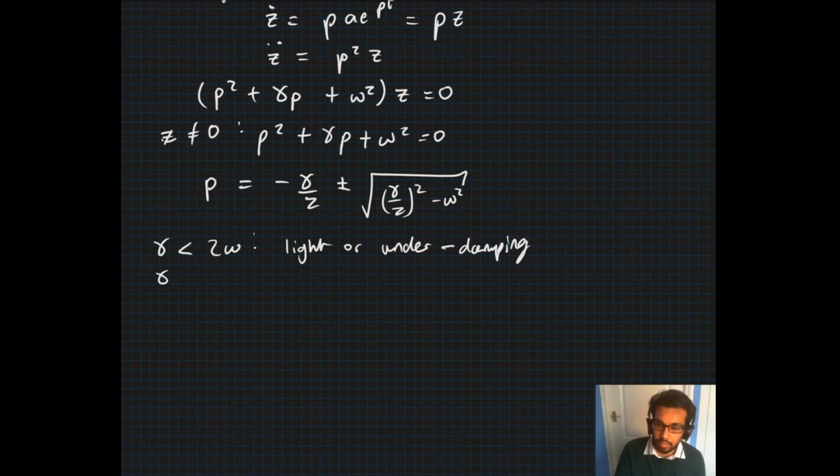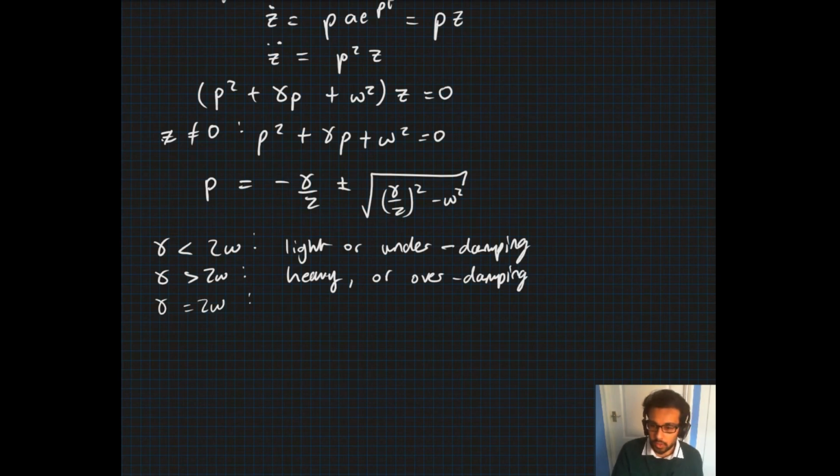If we have gamma greater than 2 omega, so this term is positive, we'll get heavy or overdamping. And if we have gamma equal to 2 omega, we'll get critical damping.